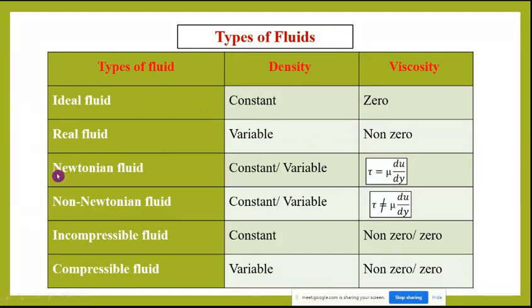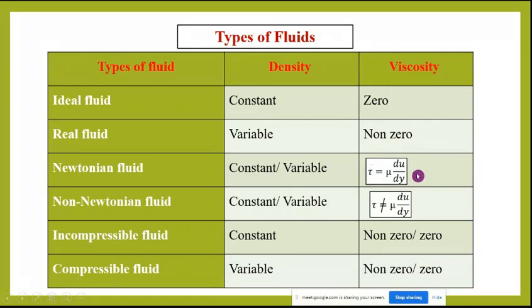Similarly, for Newtonian fluids, the density will be constant, or else it may be variable. In Newtonian fluids itself, we have two categories, ideal and real. Based on those categories, you will have either a constant density or a variable density. For viscosity, we normally use the relation called Newton's law of viscosity.